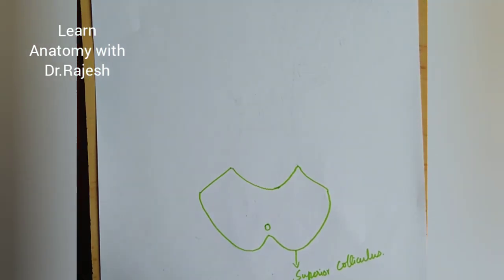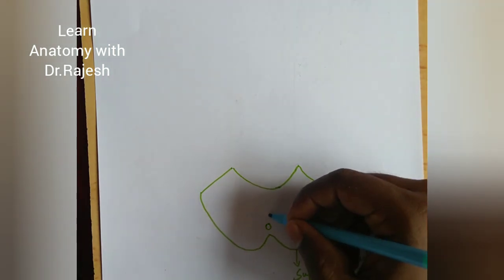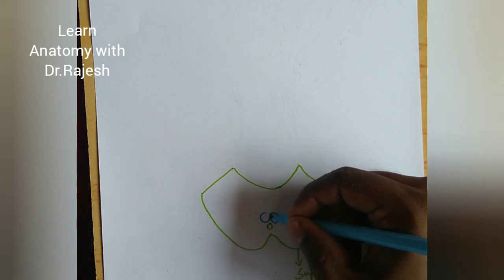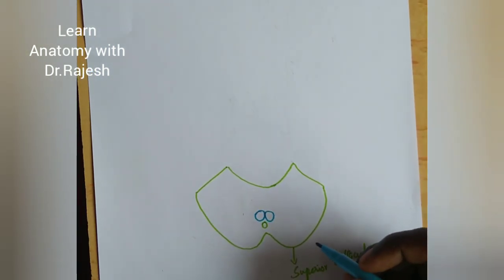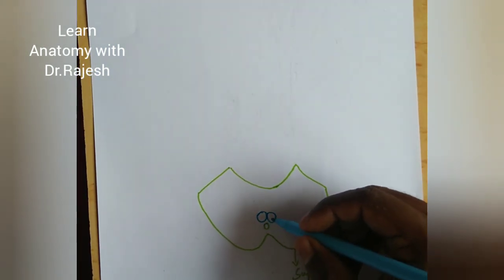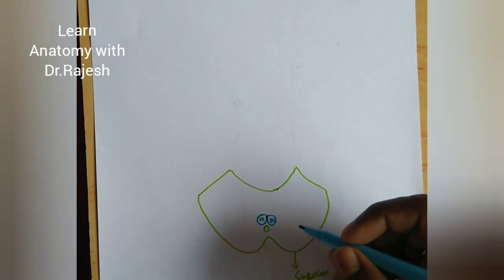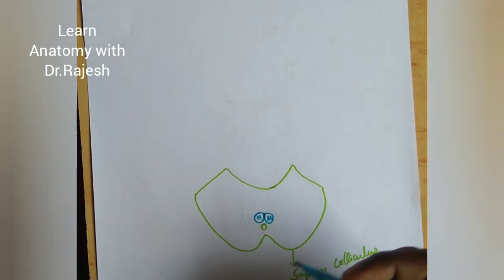On either side of the aqueduct, on the anterior aspect, we have the motor nucleus of the oculomotor nerve. These two form the motor nuclear complex because both nuclei are united in the midline.